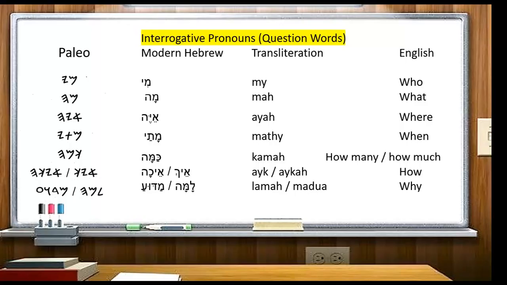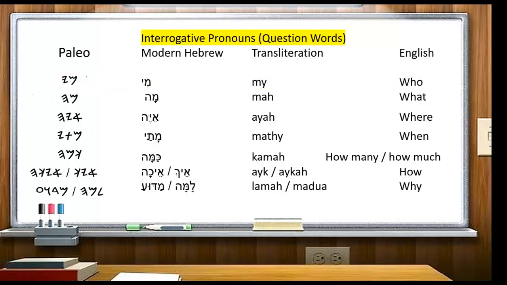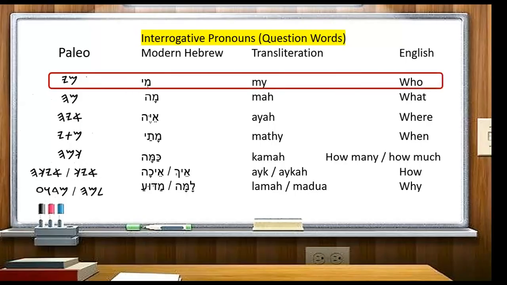So we get to question words, interrogative pronouns, and we have who, what, where, when, how many, how much, how, why. To say who, the word in Yahudyth is me. Now somebody may be looking at it and saying, isn't that my?